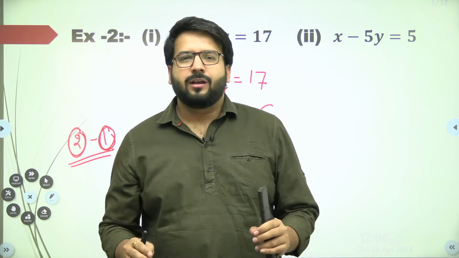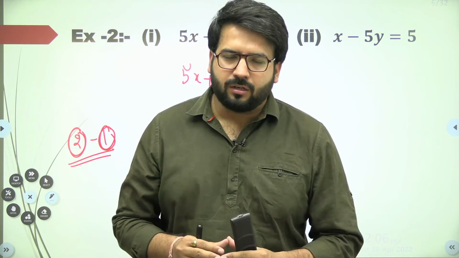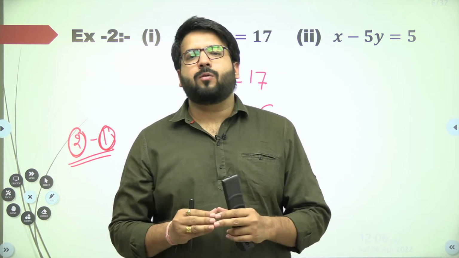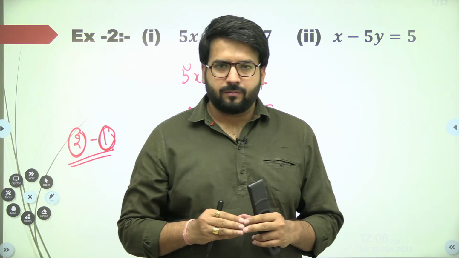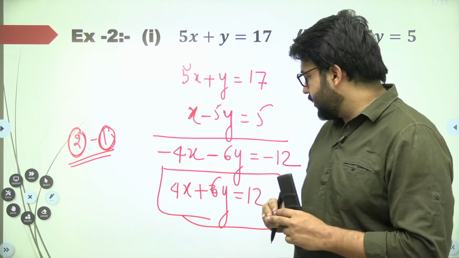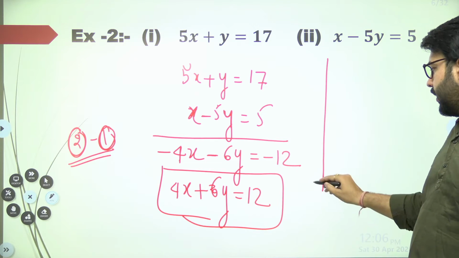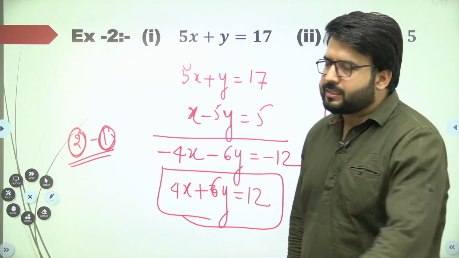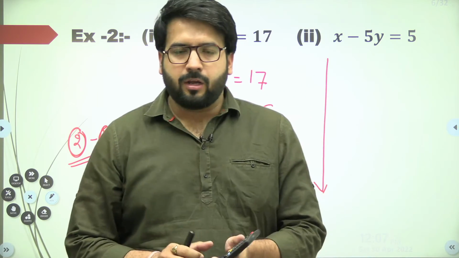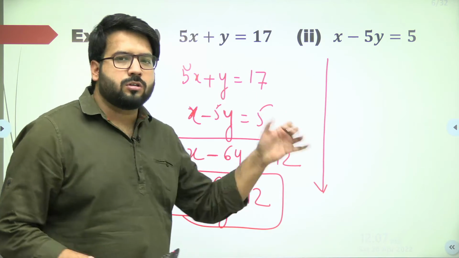One more thing, in the case of a linear equation, you will never get x equal to y. If a linear equation is given, then only two relations are possible, x greater than y or x less than y.